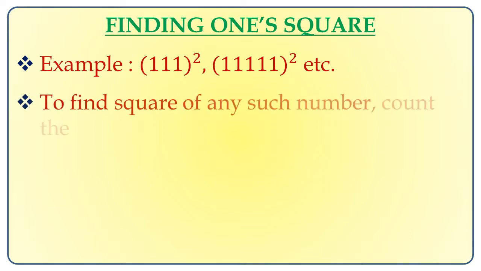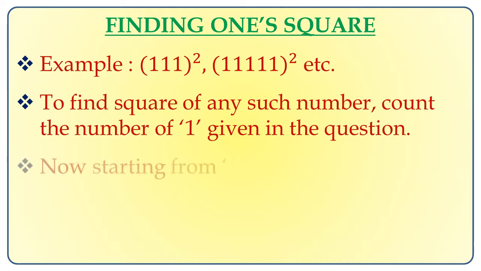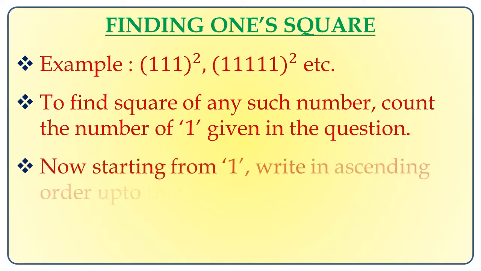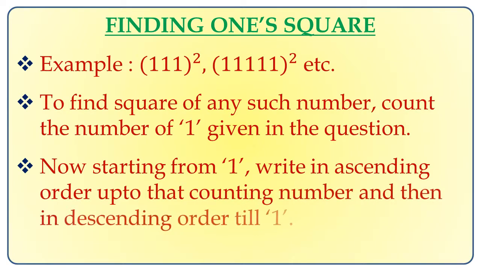To find the square of any such number, what are we supposed to do? We simply count the given number of 1s. It may be 2, it may be 3, it may be 4, it may be 5. So the first step is to count the given number of ones. And then we write in ascending order starting from 1 and then in descending order.